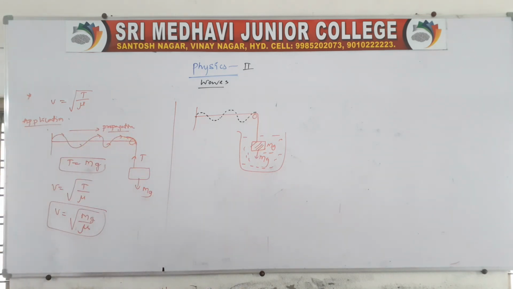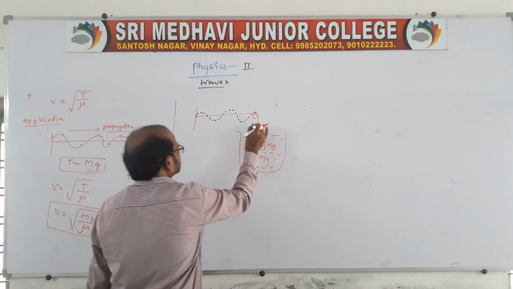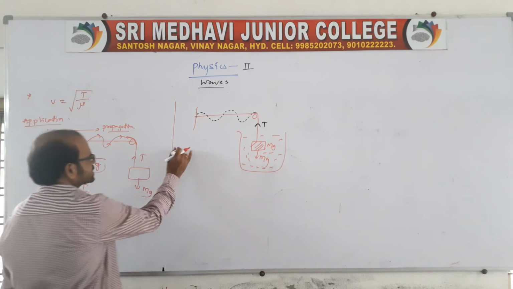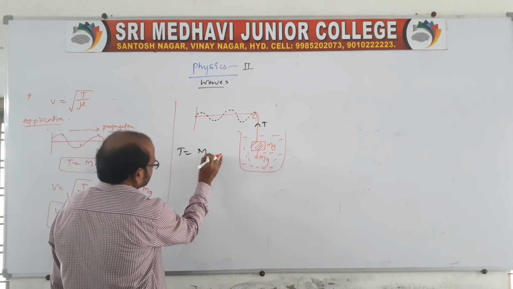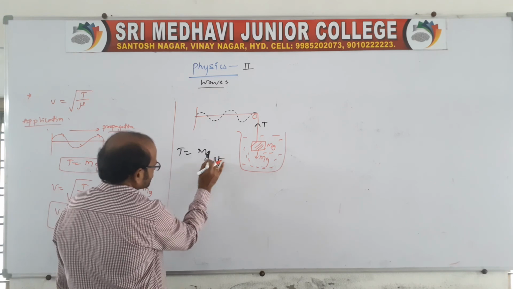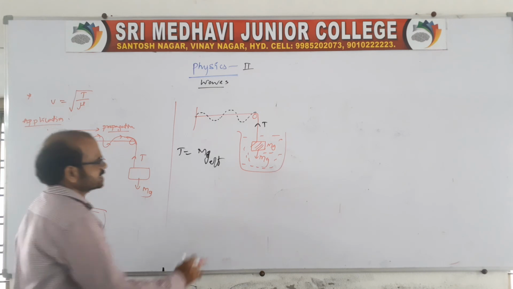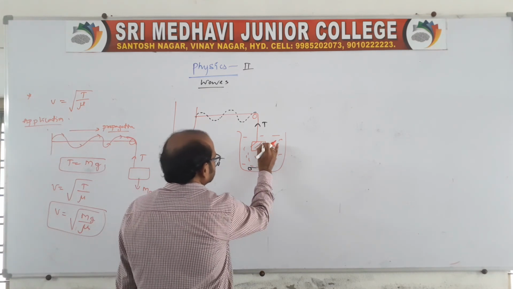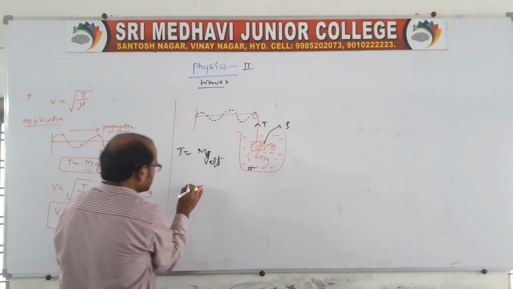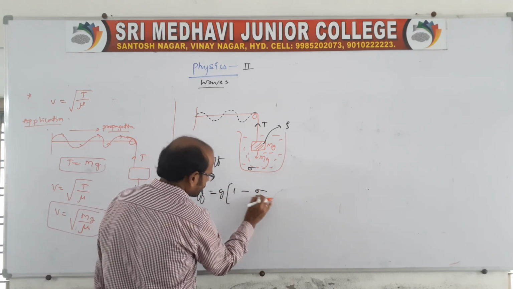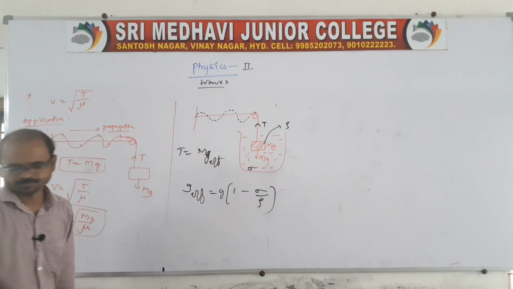Here tension T is acting vertically up, so we can take T equal to m g effective. What is g effective? Because we have two different densities, the density of the liquid is sigma and the density of the body is rho. So g effective will be g into 1 minus sigma by rho.